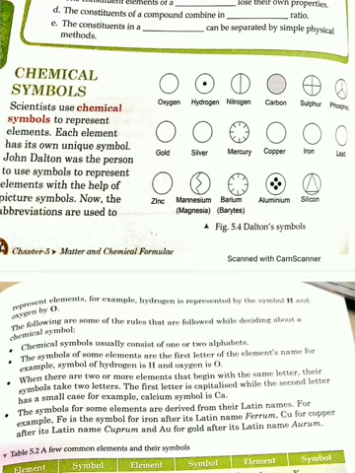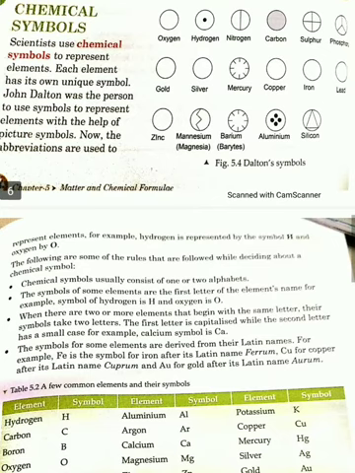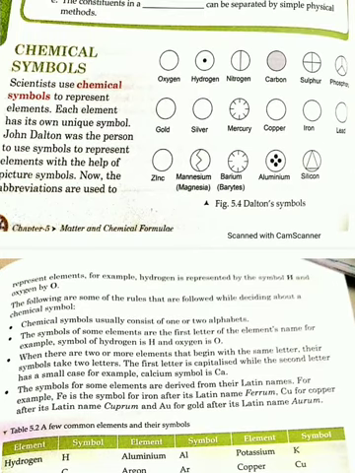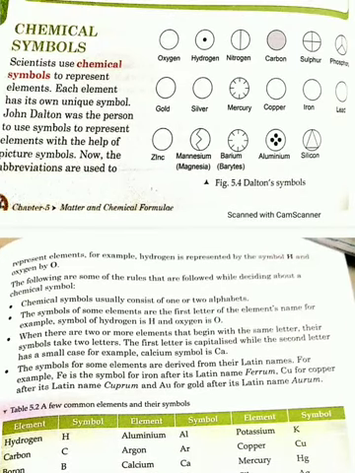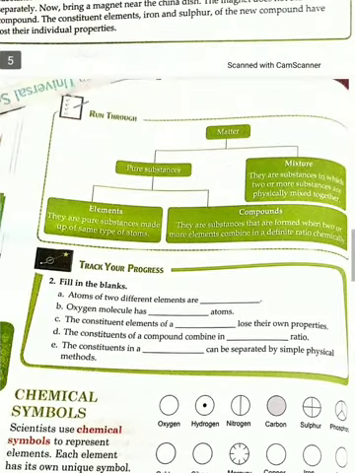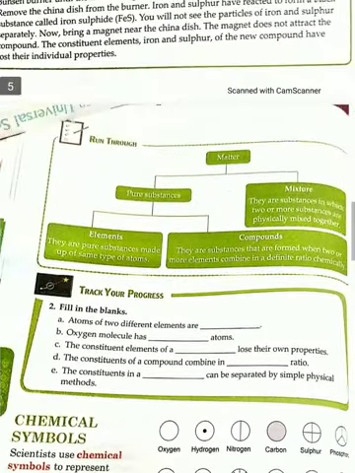The constituents of a compound combine in a fixed ratio. The constituents in a mixture can be separated, whereas the compound cannot be separated by physical methods. So I think up to here the things are clear to you all.